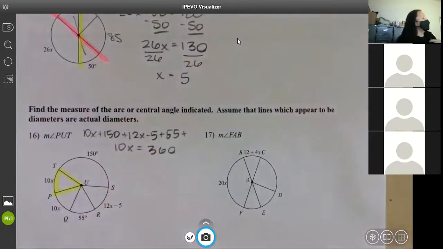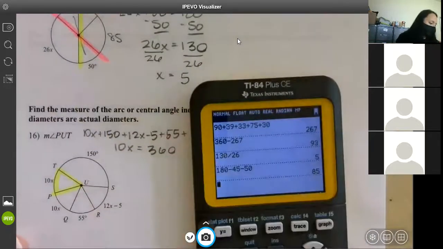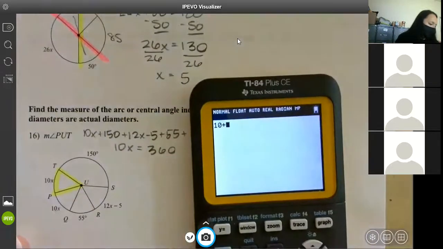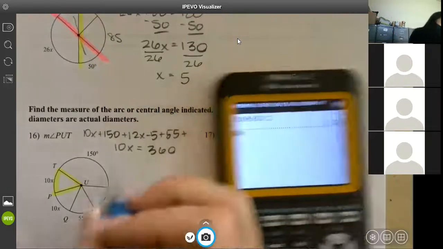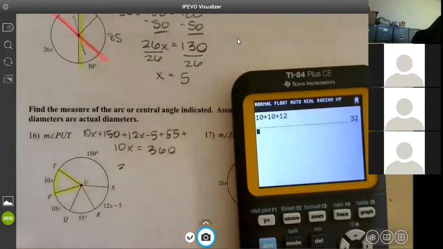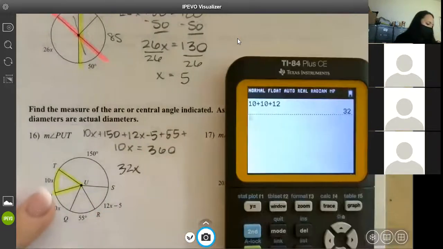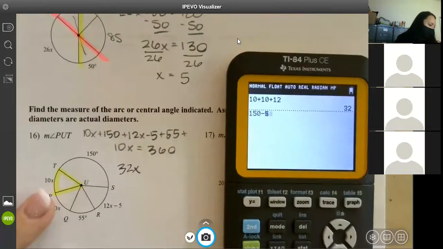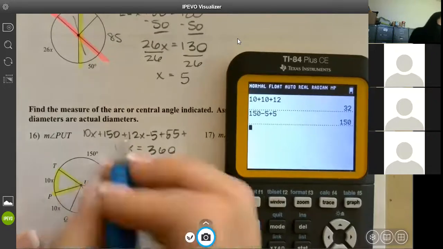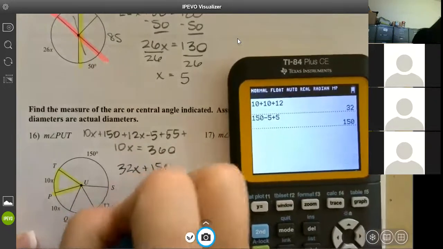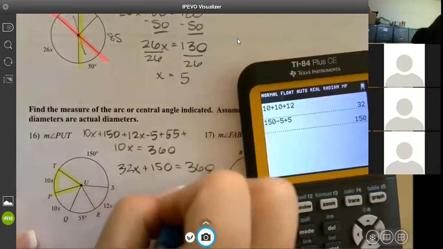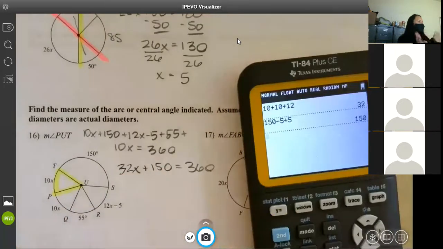Instead of writing all that out, the first thing I'm going to do is add all my x's up: 10 plus 10 plus 12 gives you 32 x's. And then you're going to add your numbers. 150 minus 5 plus 55 gives us 150. And we're going to set that equal to 360. So all I did was add like terms. That's all I did.